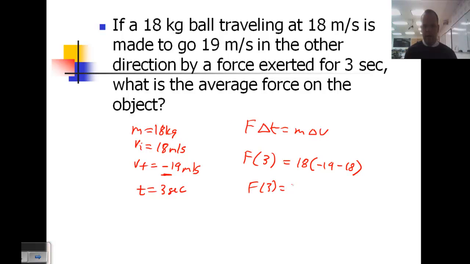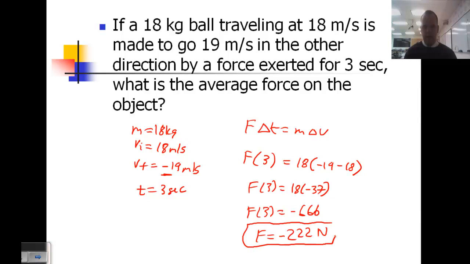So F times 3 equals 18 times negative 37. F times 3 equals negative 666. Divide that by 3, and we would get a force of negative 222 newtons. It should make sense that this is going to be negative, because to cause the ball to go in the opposite direction, we'd have to exert a force in the opposite direction.